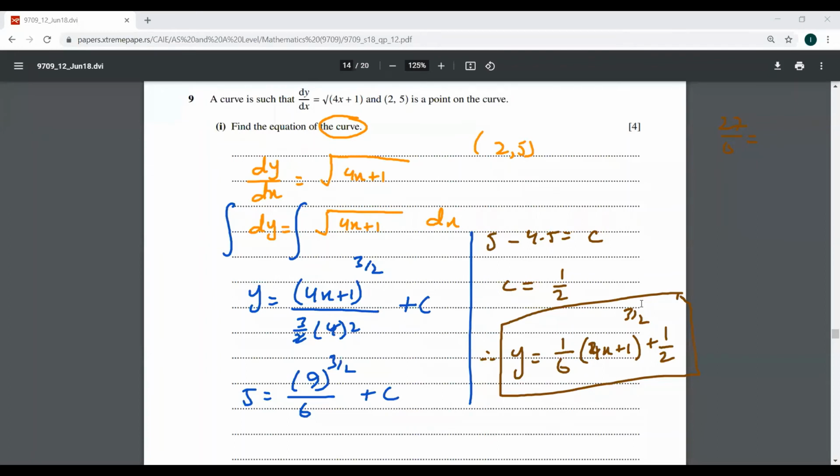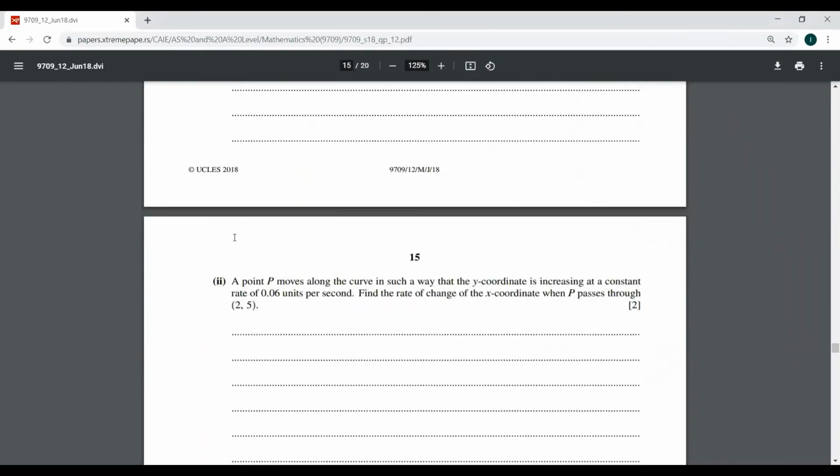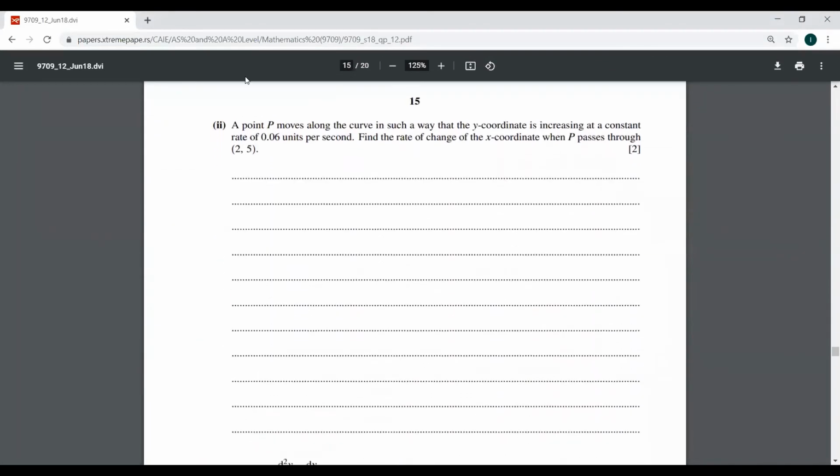We move to the second part now. I'm writing this equation on the side so that it remains visible to me. Let me see what is there in the second part. A point P moves. Okay, so for this purpose, I need to have dy by dx given to us, the square root of 4x plus 1.